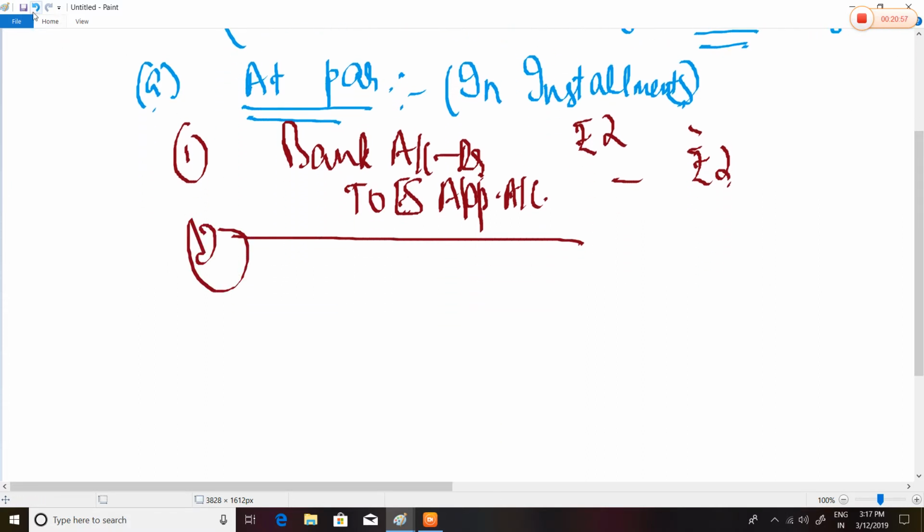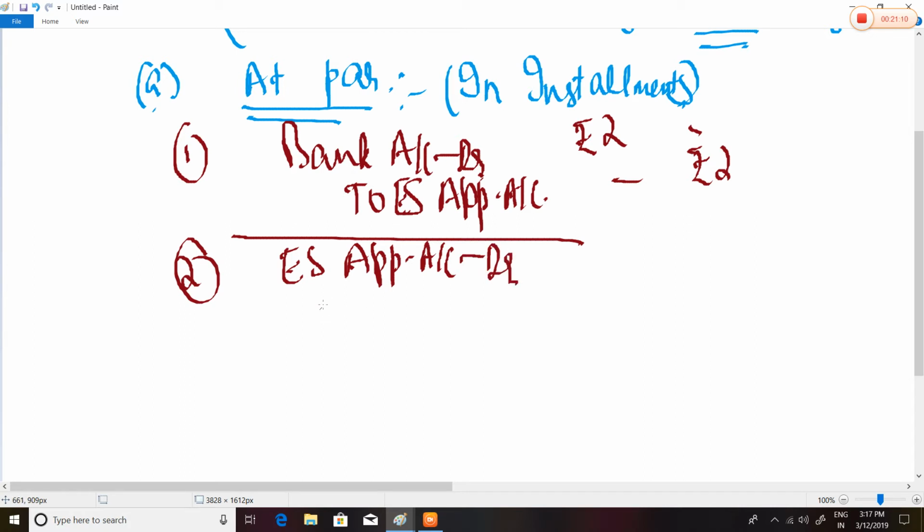Second entry would be equity share application account debited to equity share capital account, the same amount of rupees 2.